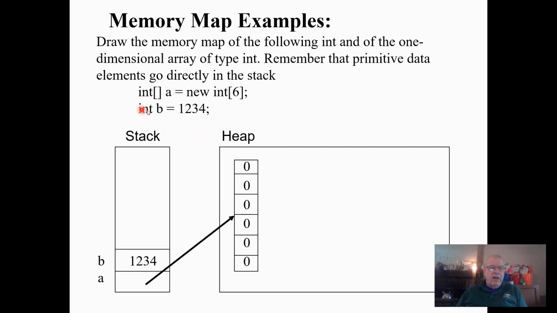And then the second element is B, which is a primitive, an integer 1, 2, 3, 4. So we said before, and we will say now, that primitive data goes directly in the stack. So there's the primitive data. It looks backwards. The first element to show up in the code is the bottom element on the stack.